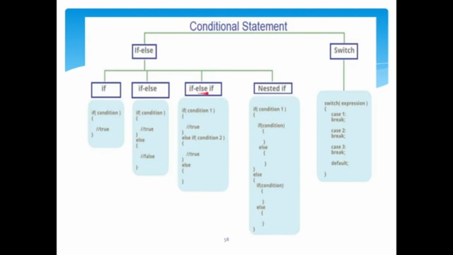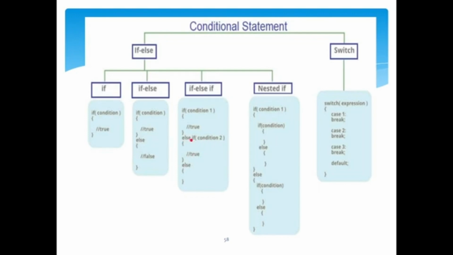Now next, if else if ladder. What is if else if ladder? Simple, I am writing if condition 1 true. Suppose I want to write multiple conditions. I have given here condition 1, right? I have one more condition 2, and I want to know what will be printed if that condition 2 is satisfied. I am using else if block.